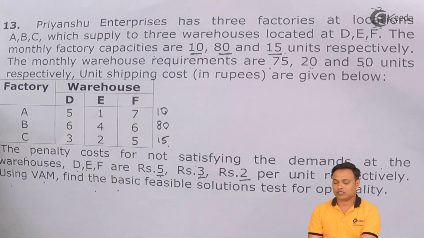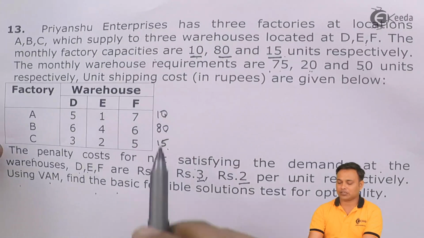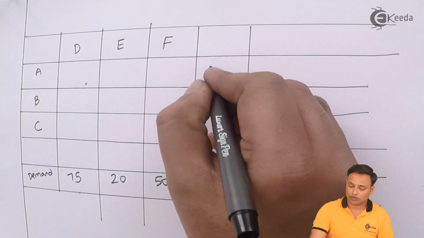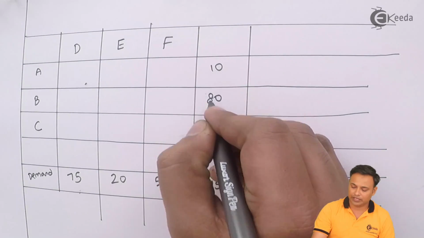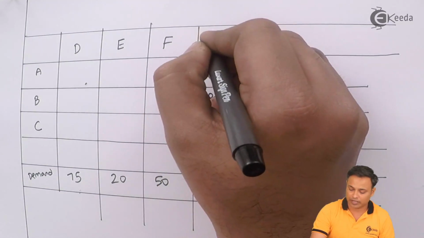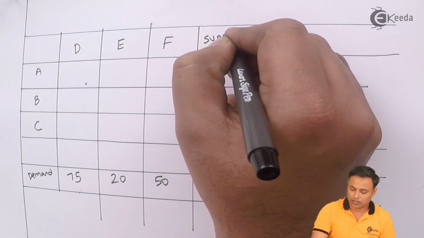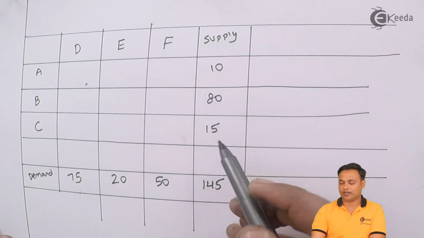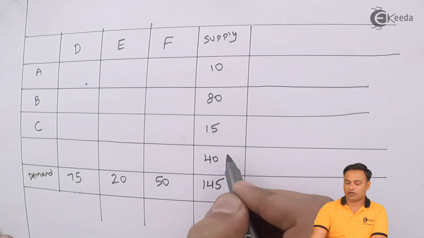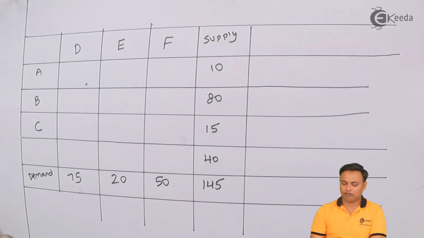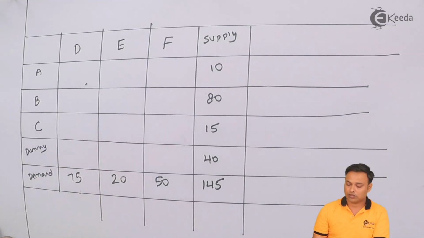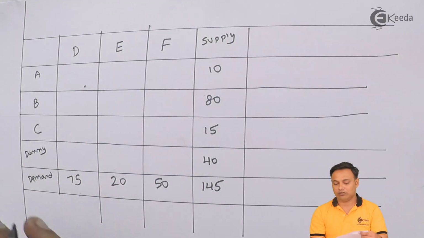And our supply or the monthly capacities of the factory are 10, 80 and 15, so 10, 80 and 15 is my supply. So if you can observe, this is 105. So I have a dummy supply of 40 units, and I write down a dummy here. And let's put down the cost now.